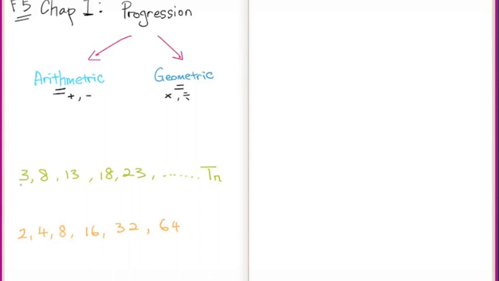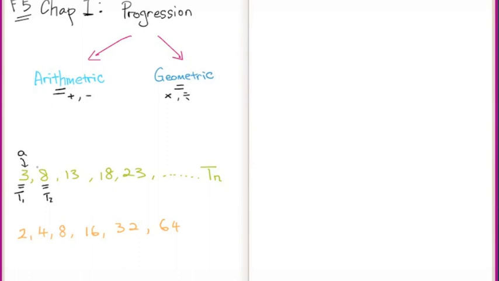The first number here is called the first term, T1. And the second number is T2, the second term. The first term could also be represented by A, because it starts with A, so we call that the first term.